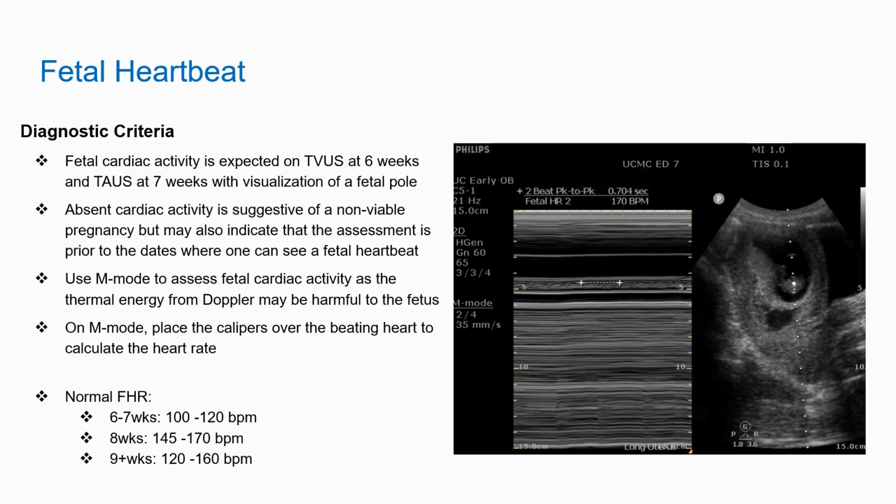Fetal cardiac activity is expected on a transvaginal ultrasound at 6 weeks, while at the transabdominal it should be around 7 weeks. The absence of cardiac activity is suggestive of a non-viable pregnancy, but may also indicate that the assessment is prior to the dates where one can see fetal heartbeat.